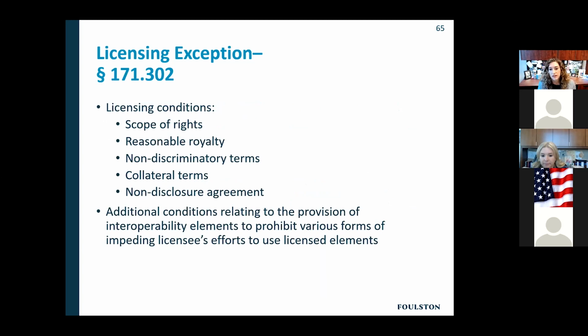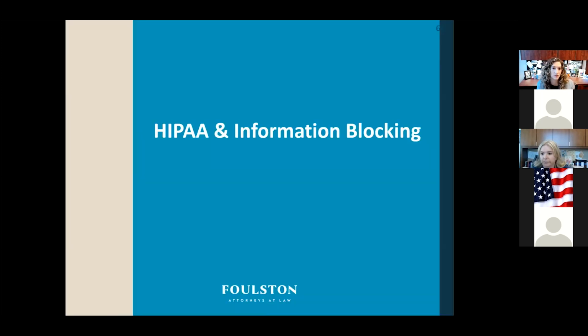And so, again, they're just trying to help innovators still be allowed to innovate and develop and get some sort of reasonable royalties from that. And so that's where the licensing exception comes into play.